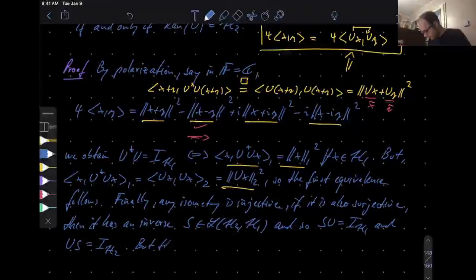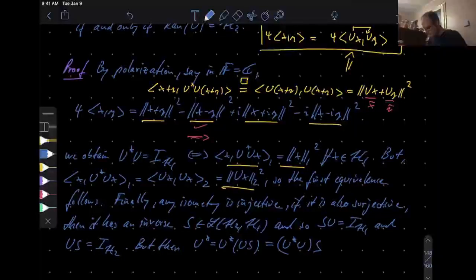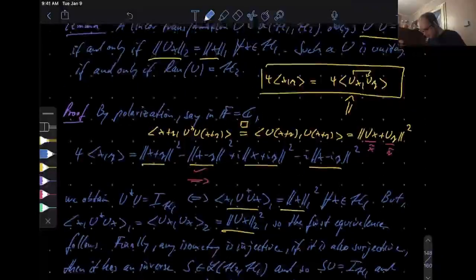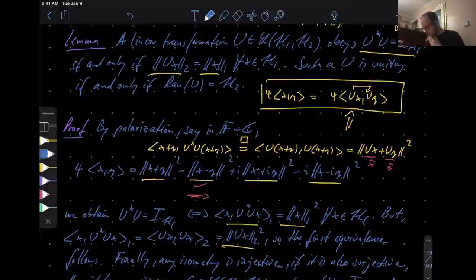But then U star, so a little bit of algebra. U star is the same as if I multiply by the identity, which is US. Now that composition, or multiplication, is associative, so I can put the brackets as I like. But then remember that product here, U star U, in the first part we had this equivalence, right?